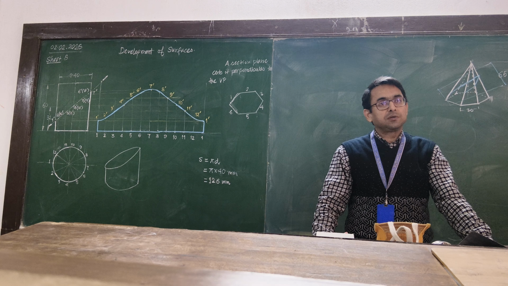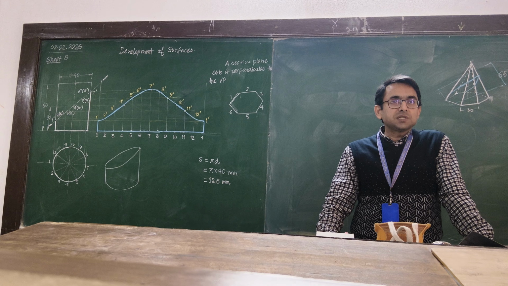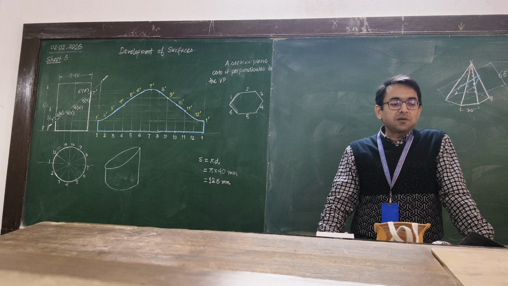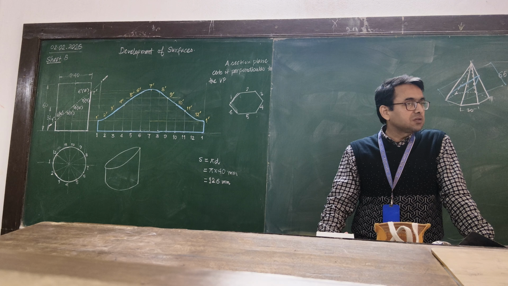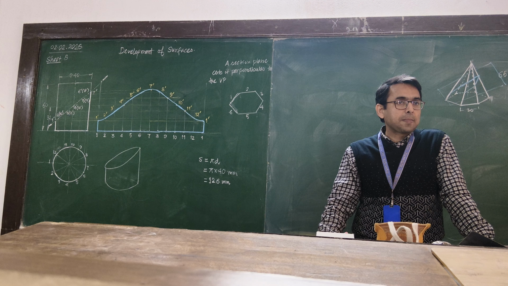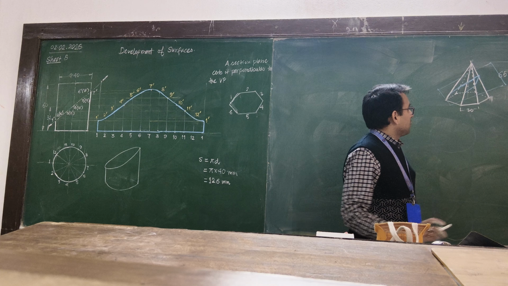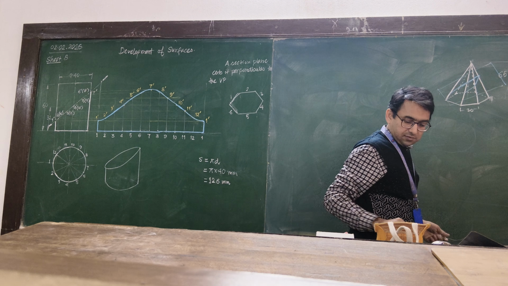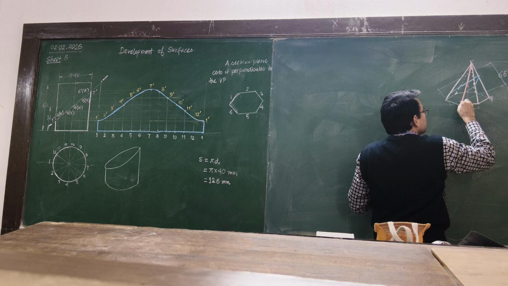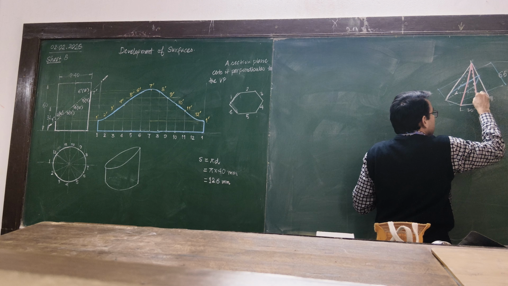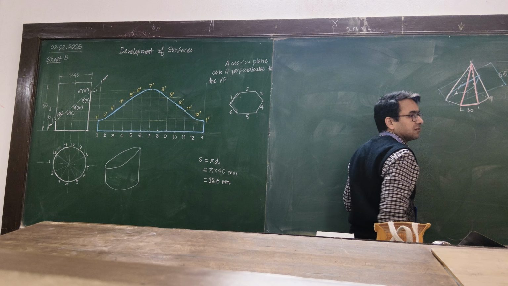Surface cannot be pyramid. The object is pyramid. What is the shape of the surface, in geometry? What is this? One surface. What is that?